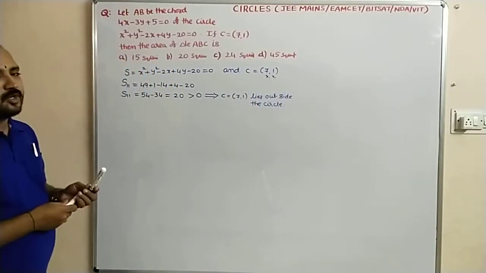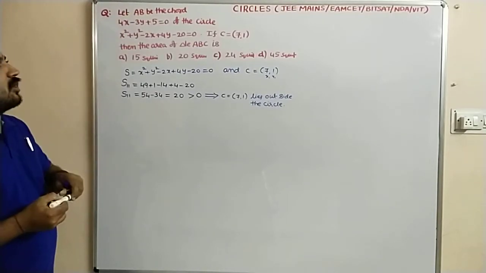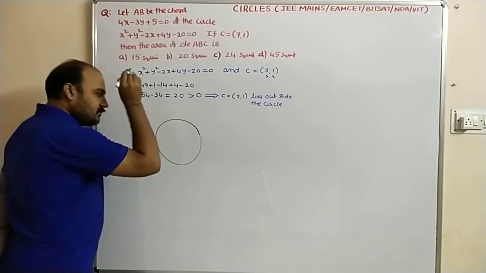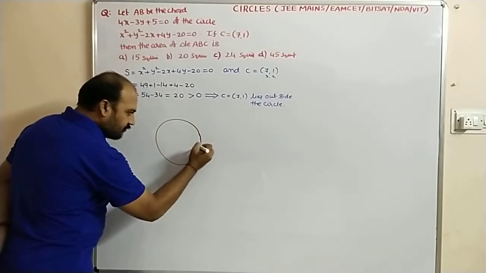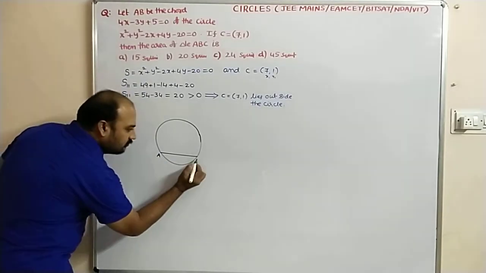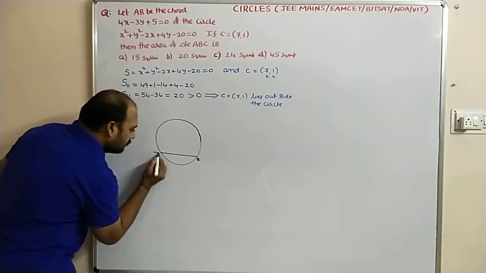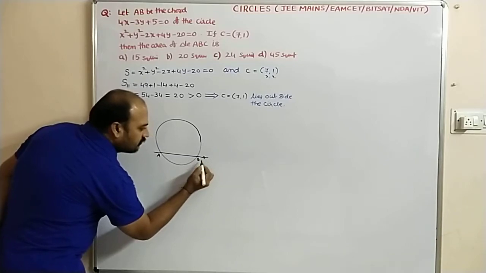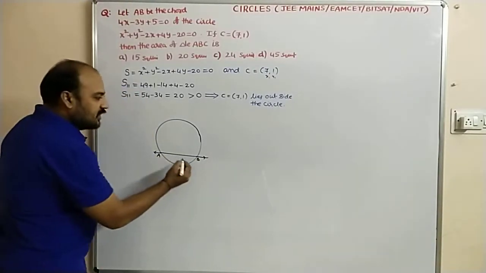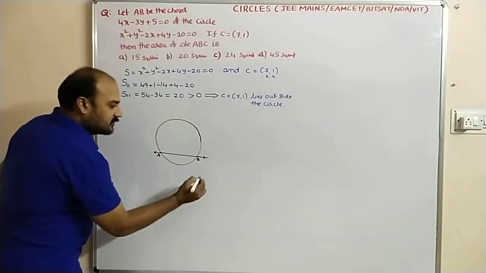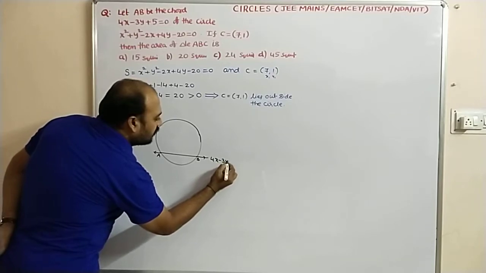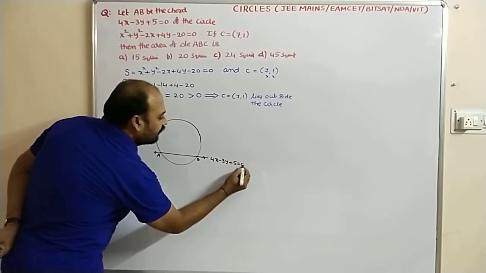We decided that the point is outside. Now, according to the question, draw the diagram. AB is a chord of the circle. So here, this is the circle equation. This is the AB chord, but only the line AB is given. This equation is what? 4x minus 3y plus 5 equal to 0.